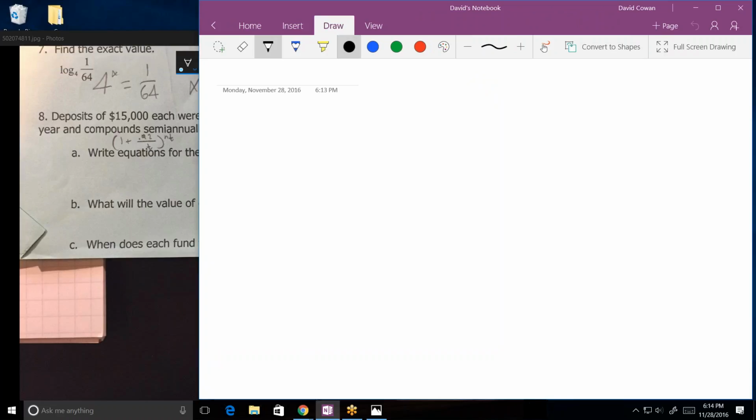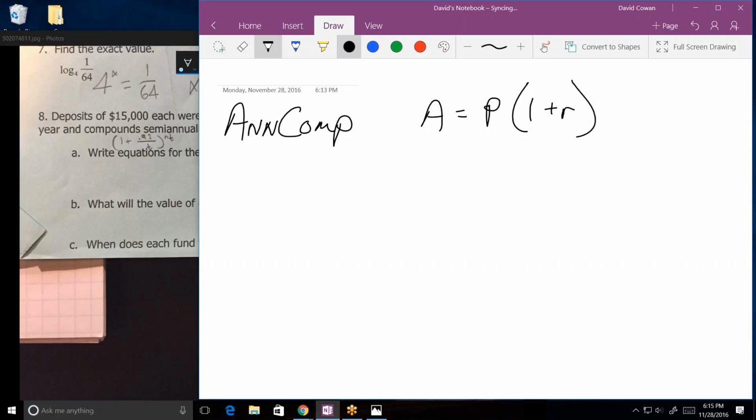Okay? Annual compounding. What's that equation? A equals P times 1 plus R to the power of T.